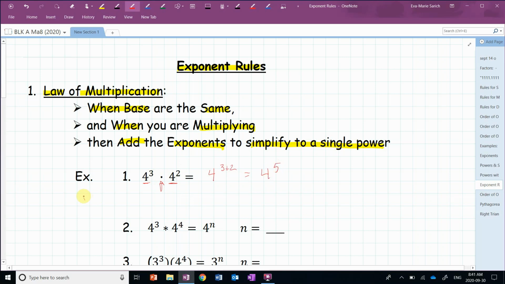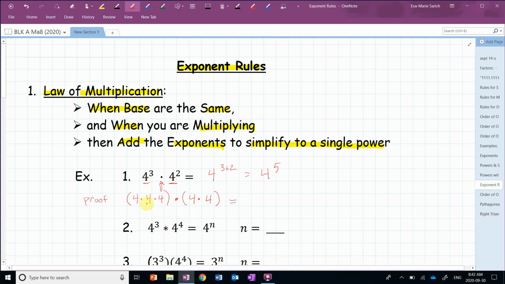Now, I want to give you a proof on this, to prove to you that this really works. When you see 4 to the 3rd, it means that the number 4 is being multiplied 3 times. I think you recognize that. And then there's a multiplication, and then we have the second power being a 4 repeating 2 times. 4 to the 3rd means 4 repeating 3 times. 4 to the 2 means 4 repeating twice.